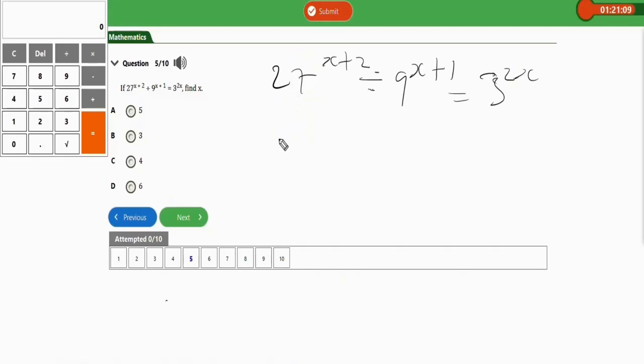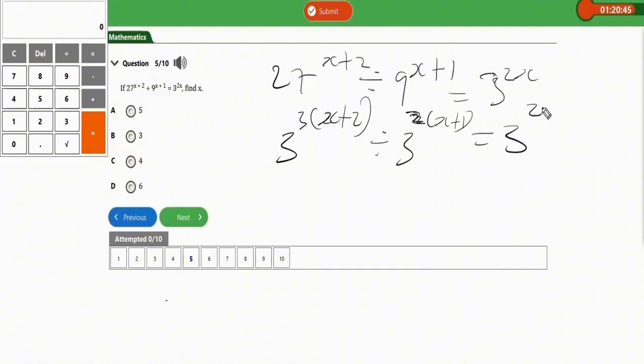So 27 is the same as 3 to the power 3 in bracket x plus 2. Alright, so we have divided by 9, which is 3 to the power 2 in bracket x plus 1, guys, equals 3 to the power 2x.